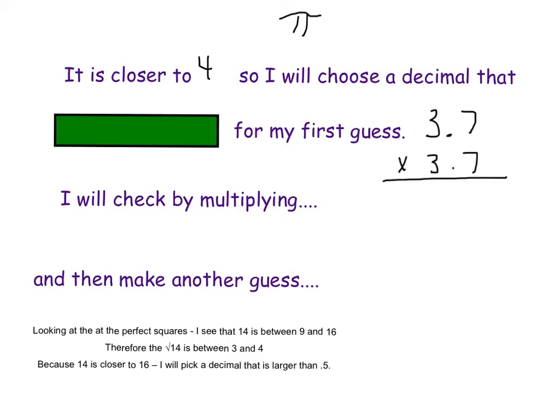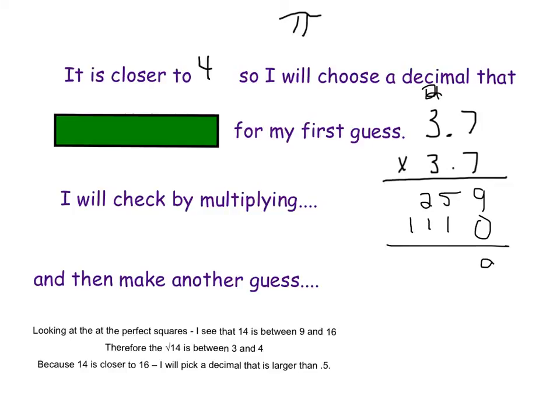So when I do the multiplication, 7 times 7 is 49. Carry the 4. 7 times 3 is 21, plus 4 is 25. And then I have to keep my place value. 3 times 7 is 21. Carry the 2. 3 times 3 is 9, plus 2 is 11.